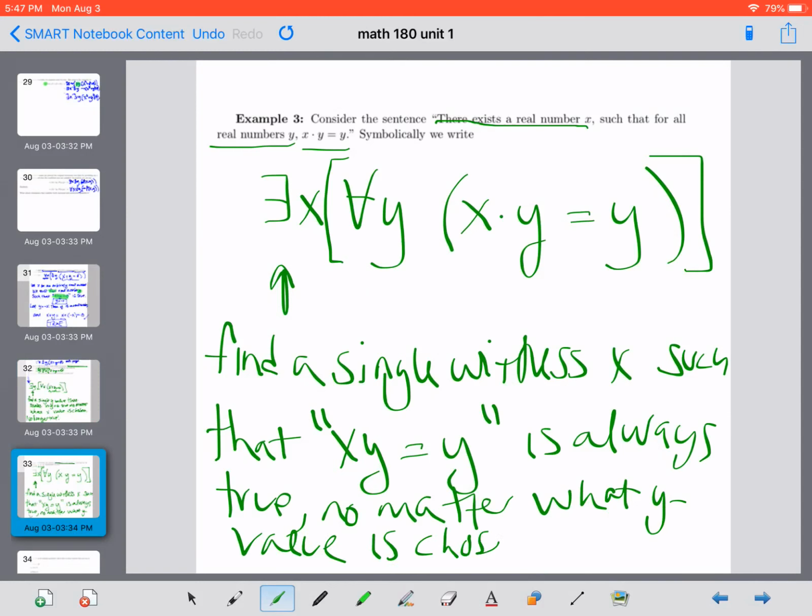Can you find such an x? Can you find an x value that's going to make this equation, x times y equals y, always true for every single possible value of y? You should be able to think of one.